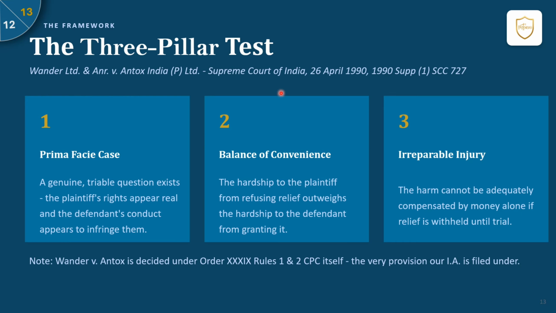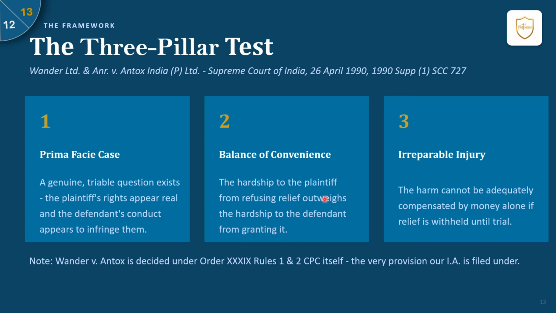It was a passing off dispute over the mark Cal-DC for calcium gluconate tablets, and critically, it was decided under the very provision our application is filed under, Order 39 Rules 1 and 2. In this three pillar test, pillar 1 is prima facie case. It is not proof beyond doubt, just a genuine and triable question.